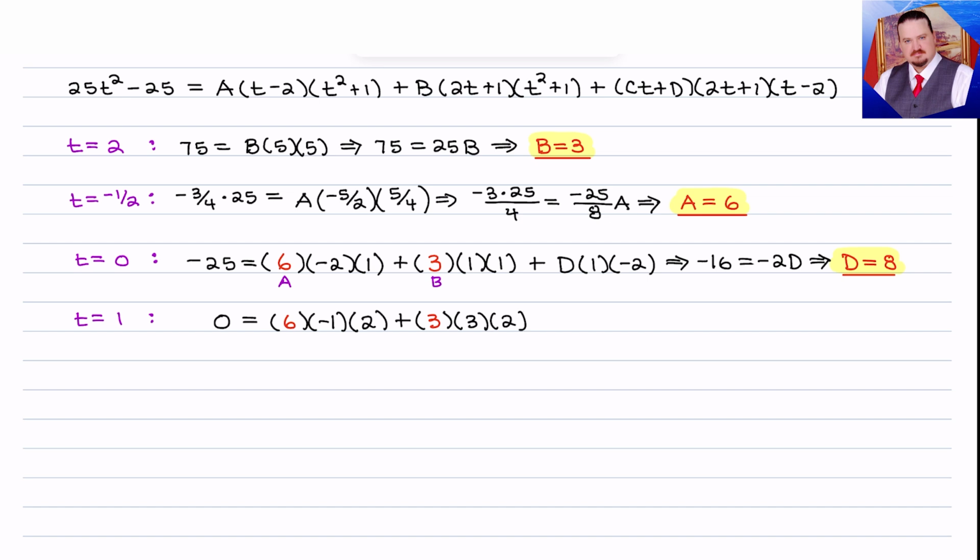And again, if you like to keep track, we can do that. All right, D we know. So what's D? D is 8. A correction. Let's look at where we are. This is C times T plus D. All right, so C we don't know. That's in fact the last constant to be determined, which is what I'm working on now. C times 1 plus D. D is 8.